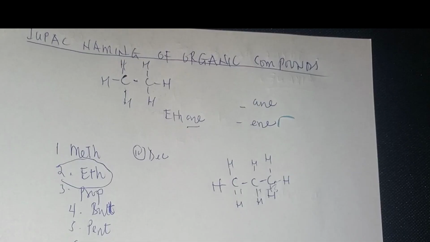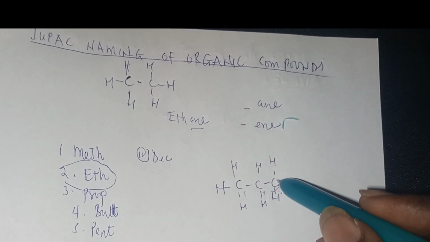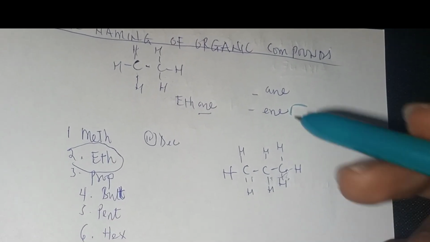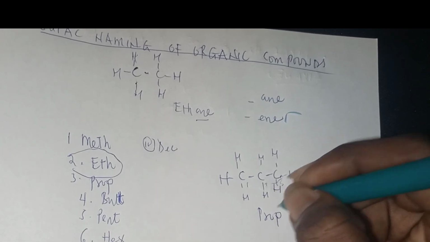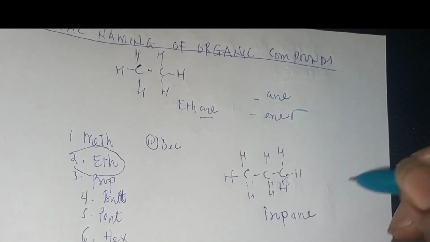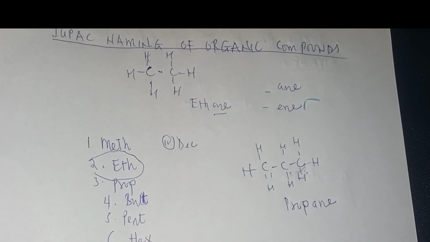So that's three carbon atoms that we have in this compound, and the rest have been substituted with hydrogen atoms. So 3 stands for prop, so this is simply going to be named as prop, and they are all single bonds, so that's propane.